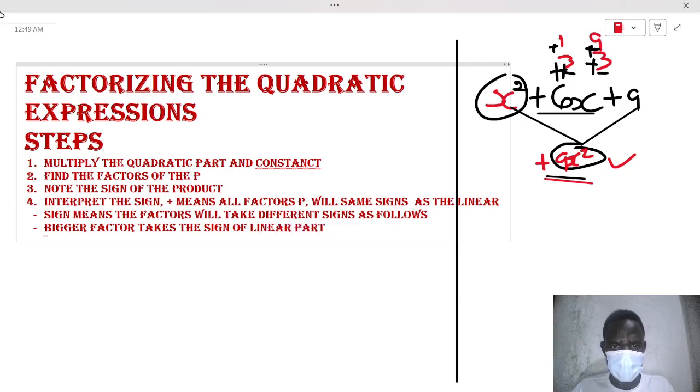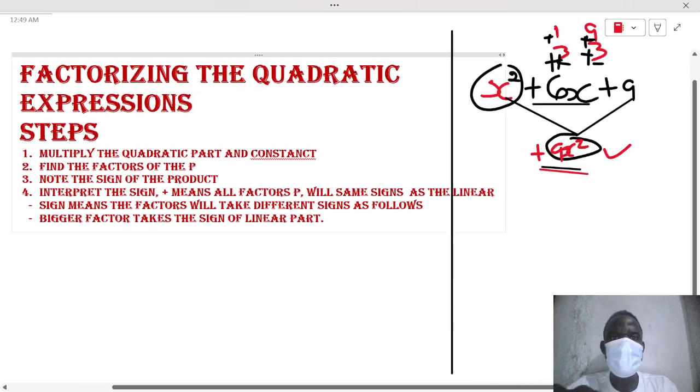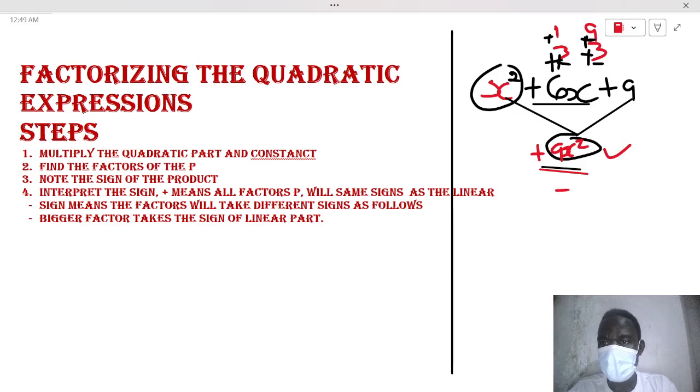Let's say the product is negative. Then all the factors, 1 and 9, 3 and 3, will have different signs. The negative sign in the product tells us that the factors will have different signs, and the bigger factor takes the sign of the linear part.